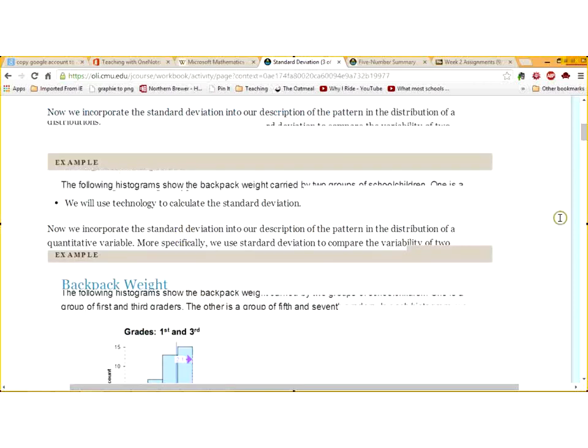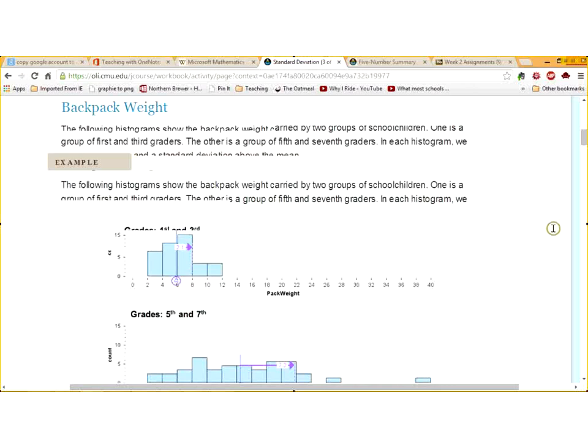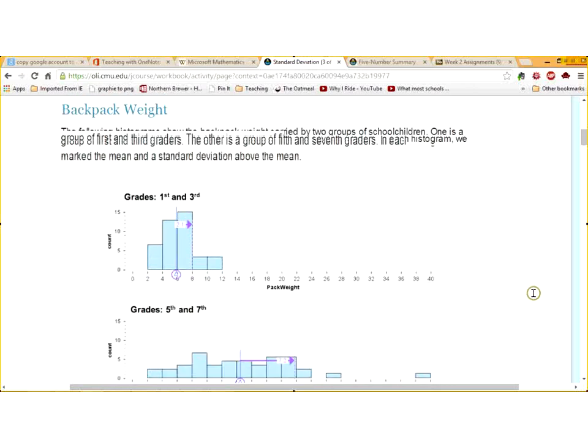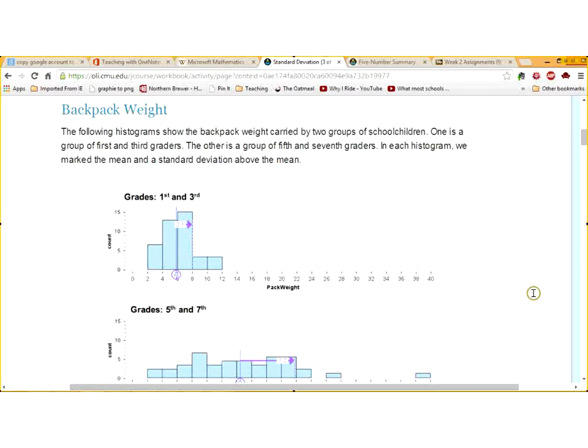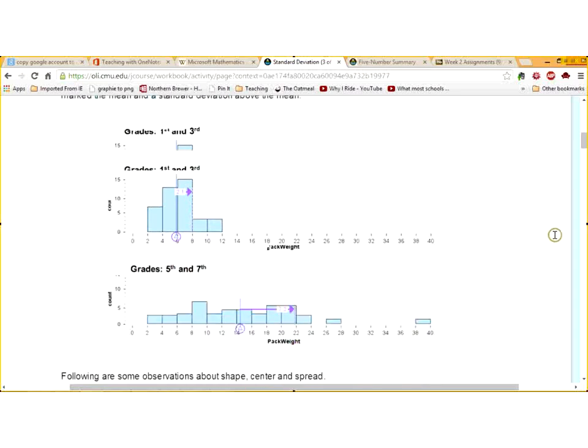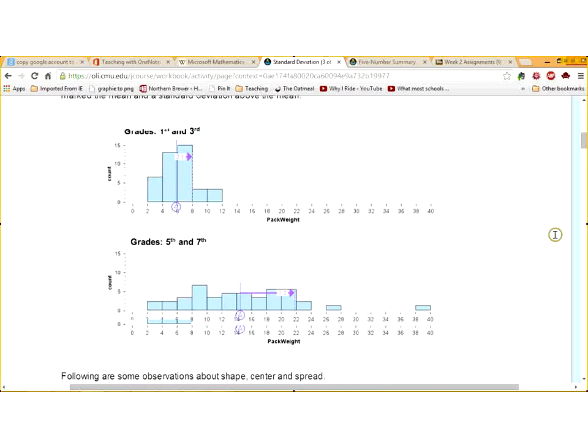All right, so now let's look at standard deviation. These histograms show the backpack weight carried by two groups of school children. One is a group of 1st and 3rd graders. The other group is 5th and 7th graders. In each histogram, we mark the mean and the standard deviation.